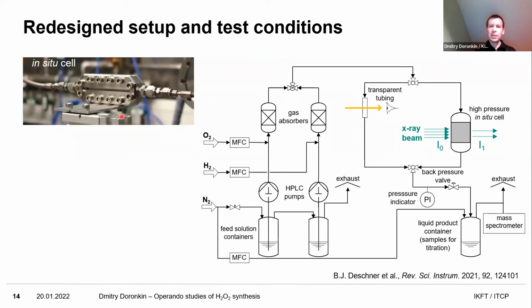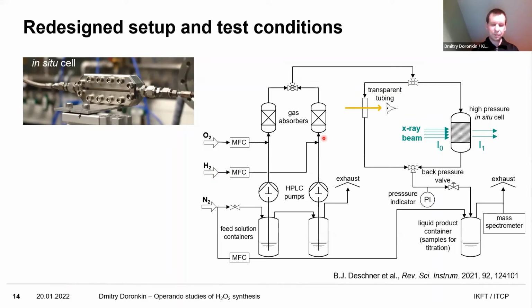And now what about scaling up the setup? So the previous setup was not truly continuous. Now they came with the same approach, mixing two liquids, saturated with hydrogen and oxygen, but this time we have a continuous supply of liquids from the containers with HPLC pumps at high pressure, and then continuous supply of pure oxygen and pure hydrogen with MFCs.